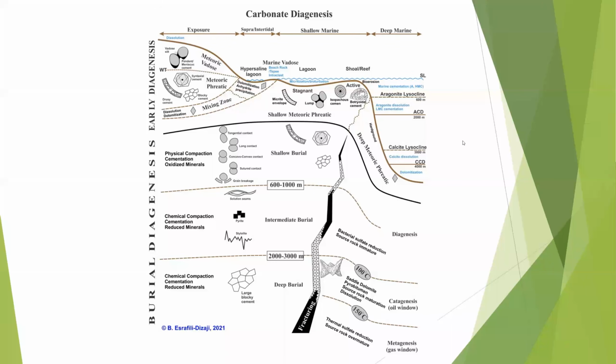If you look at this schematic figure of the types of diagenesis in different depositional environments, for example in this part you can see the meteoric vadose zone, because here only some part of the grains or pore system is filled with water. We have different types of cementation and different types of dissolution.